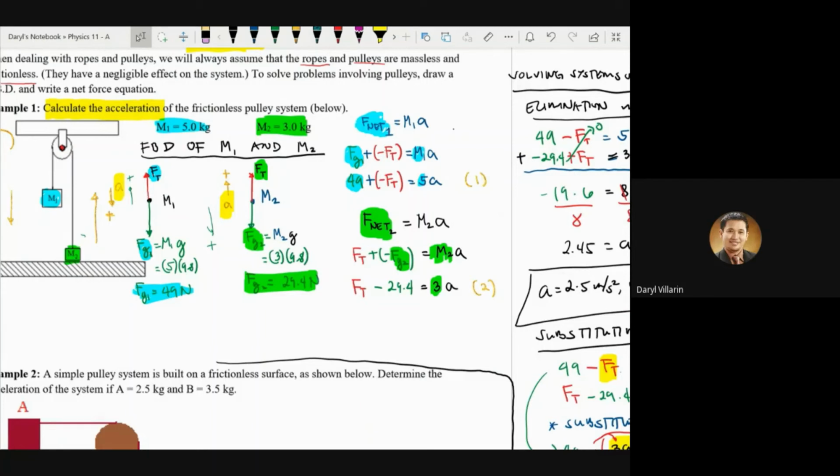Maybe your textbook shows it differently, but the reasoning behind that comes from this individually. You get the net force of each object first, and I find this much more helpful in reinforcing what you have learned about Newton's law. Okay.